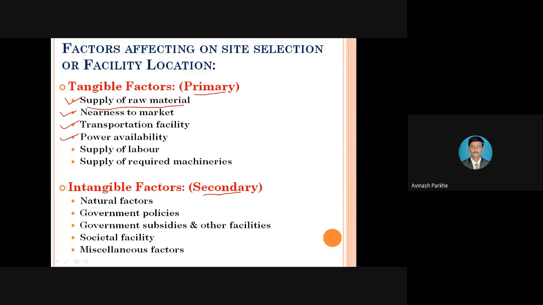Sometimes small operations can be performed by the operator itself. But for heavy duty components and heavy duty applications, power is required, because by using that power we handle the machines, and by using those machines we convert the raw material into finished goods.